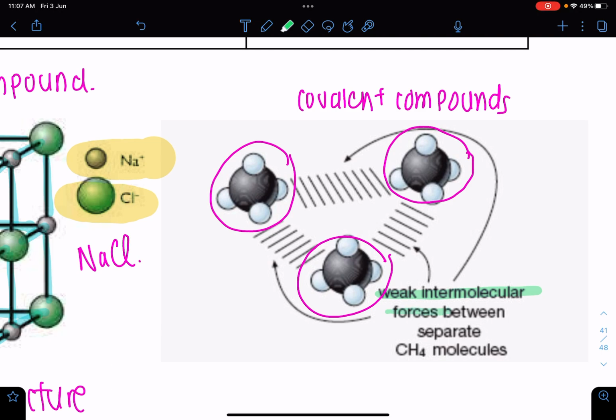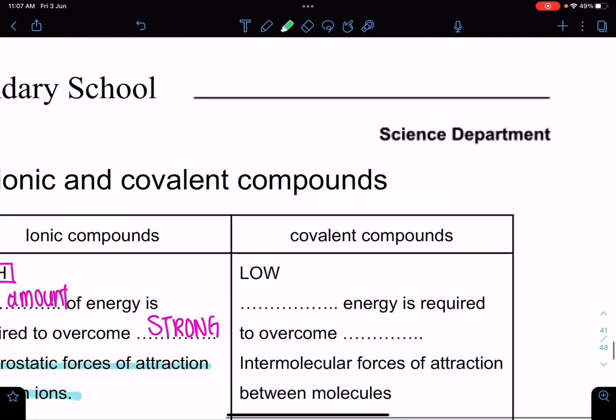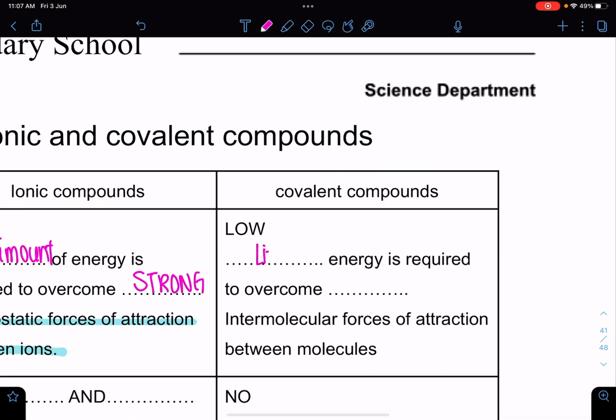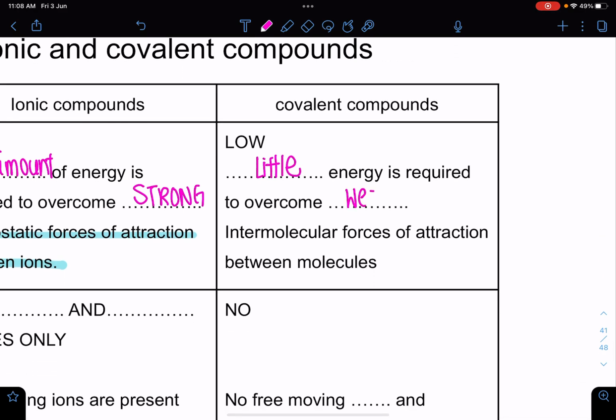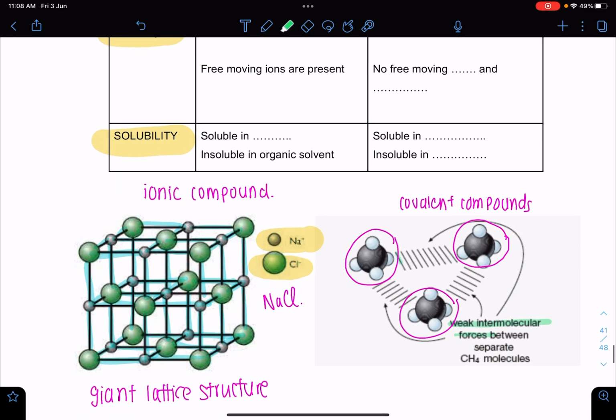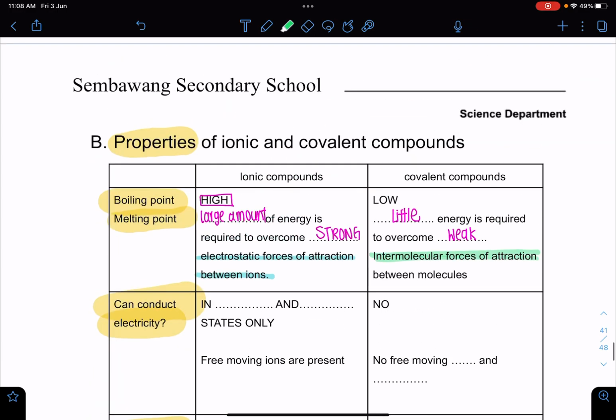So during melting and boiling, very little energy is required to overcome the weak intermolecular forces of attraction between the molecules. Remember, between all of these covalent compounds, there are just these very weak bonds. So in order to overcome them, you just need very little energy. Hence, covalent compounds have low boiling points and low melting points.